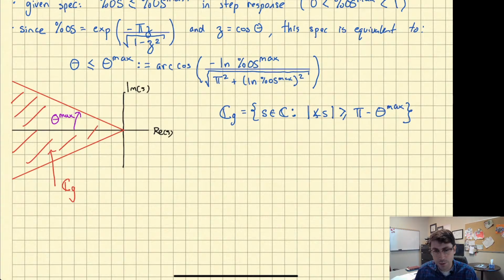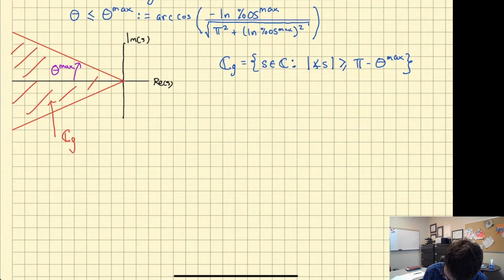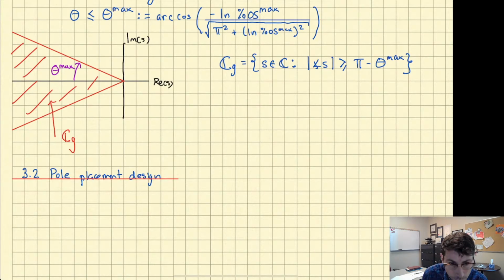Okay, so let's get to our design problem. Again, the idea is we do what we just talked about.